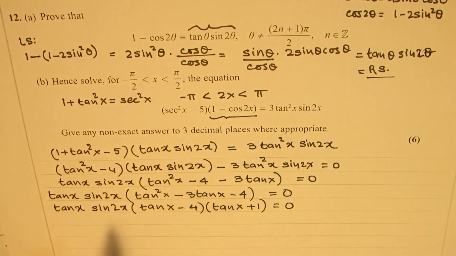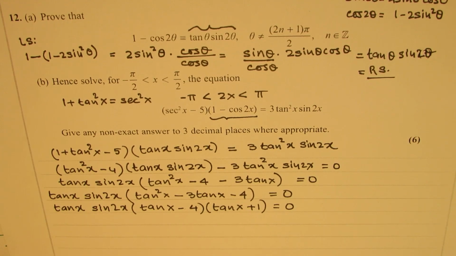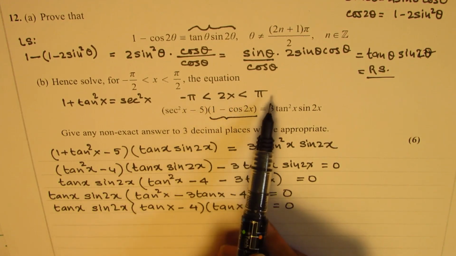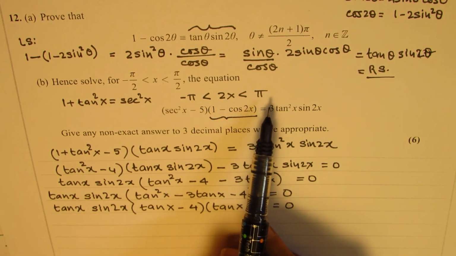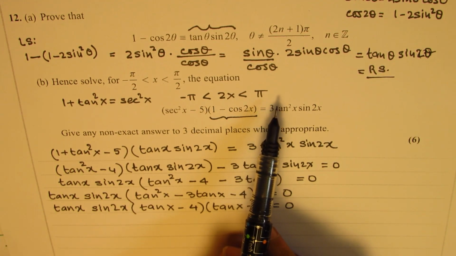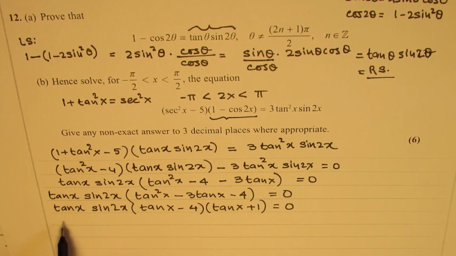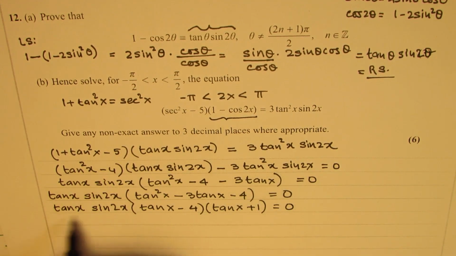So that's important to remember, since sine 2x equals to 0 will give us values within this, but pi and minus pi are not included. This is very important to understand. Is that clear to you, right? So for tan x equals to 0 and sine 2x equals to 0, we get the same answers.